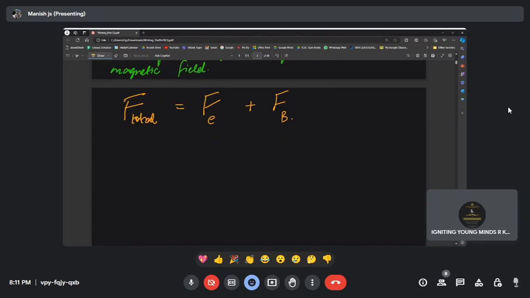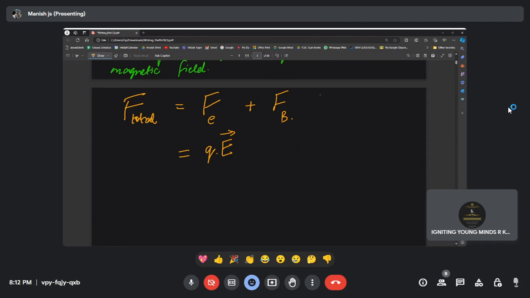Fe is basically the force due to the electric field. The particle experiences force due to the presence of electric field. So F is equal to, the charge of the particle, I hope you all know, is Q, so we can write Q into E, where E is the electric field. So F is equal to QE, which we would have learned in the first chapter.